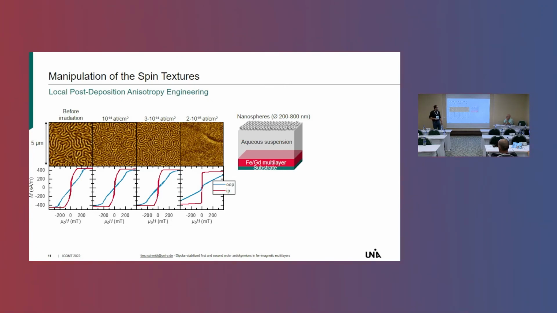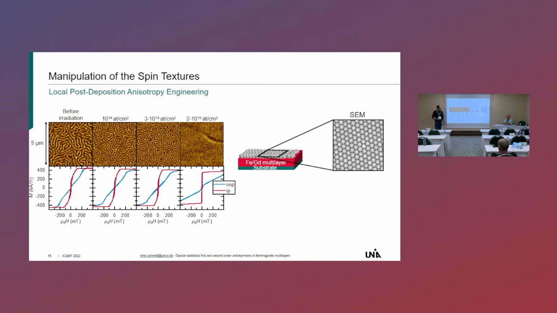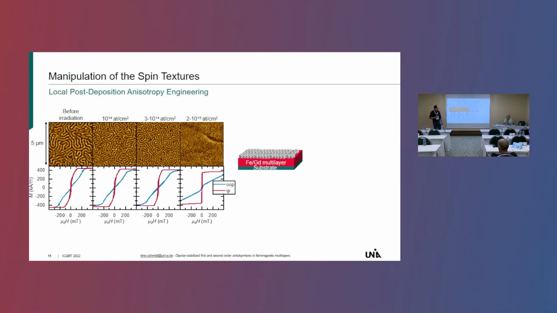We put them in an aqueous suspension and then evaporated it so that the nanospheres could align on that multilayer really neatly. We got an SEM picture here, which shows that they really form a good hexagonal lattice. And the next step would be to irradiate it with helium ions.